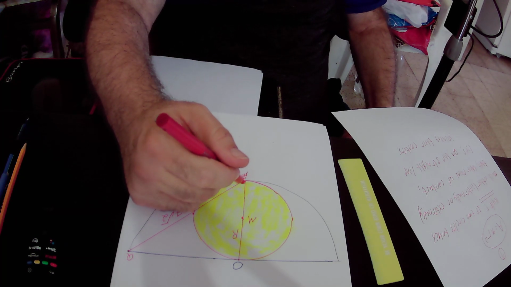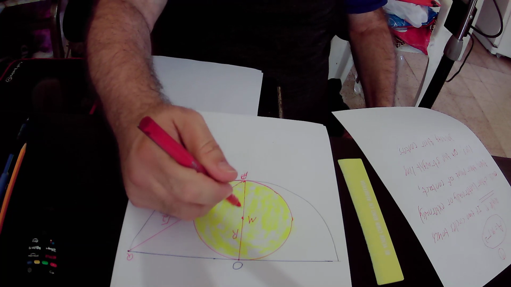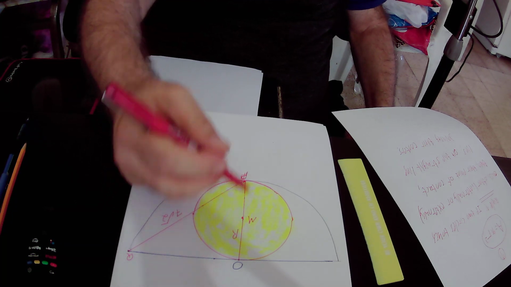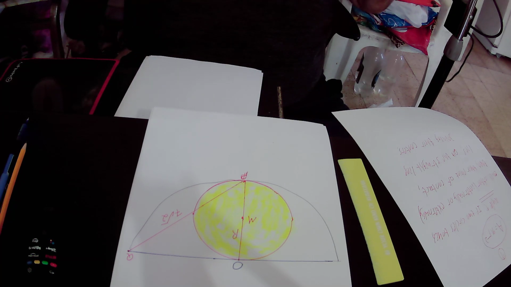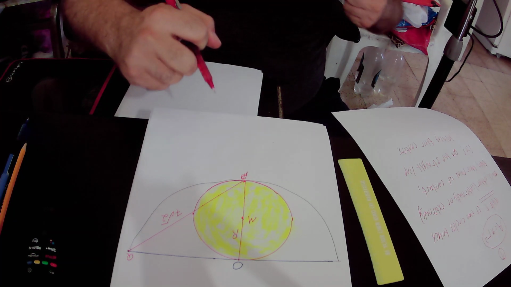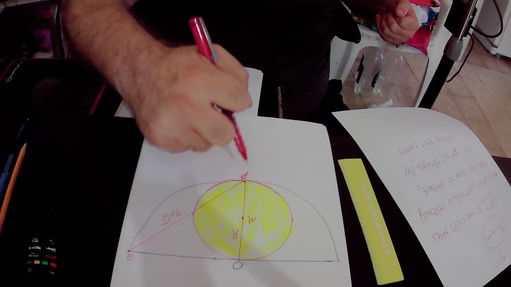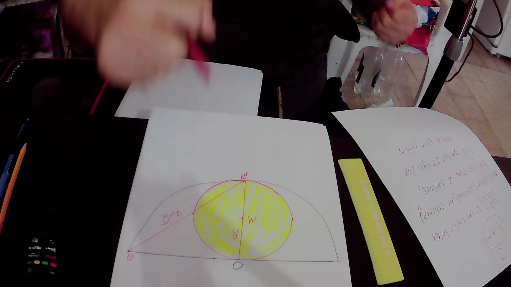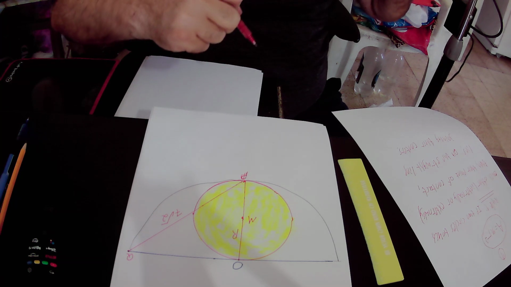That is to say, PMO is one straight line.